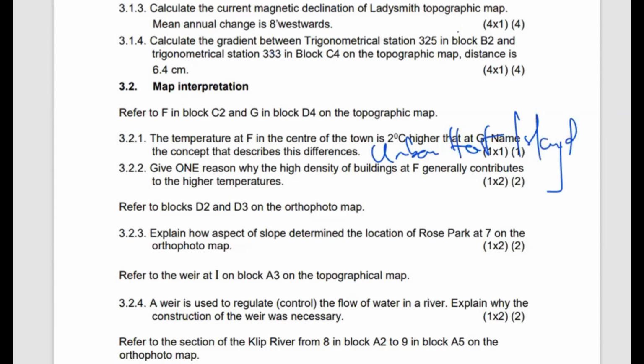Right, give one reason why high density of buildings at F generally contributes to higher temperatures. The high density of buildings will mean that heat will be trapped.